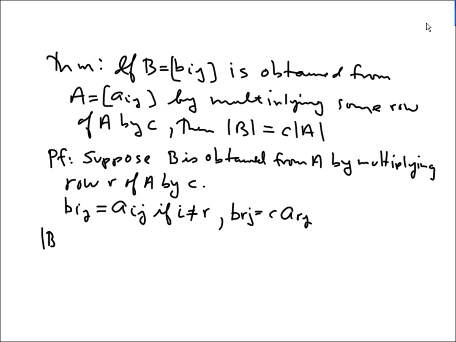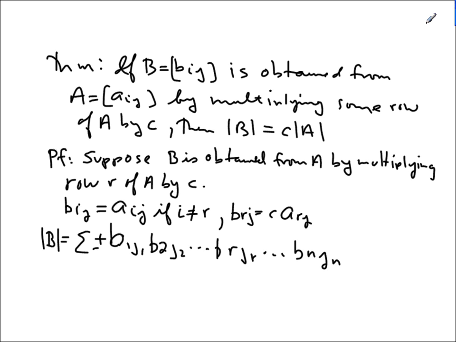Okay. So, we go to the definition. The definition of the determinant of B is the summation of plus minus B1,J1, B2,J2, all the way up to BR,J sub R, all the way up to BN,JN.